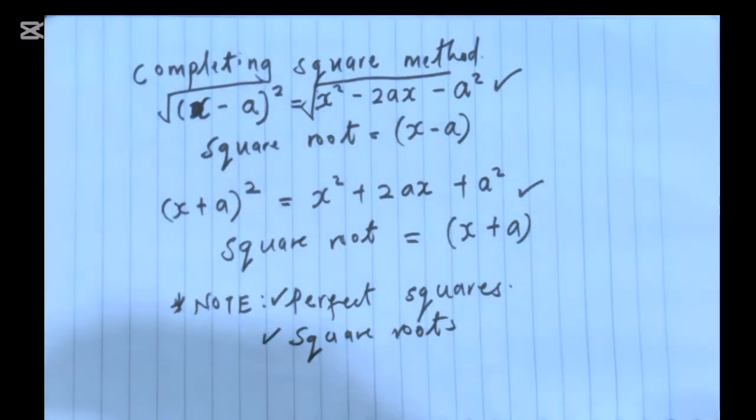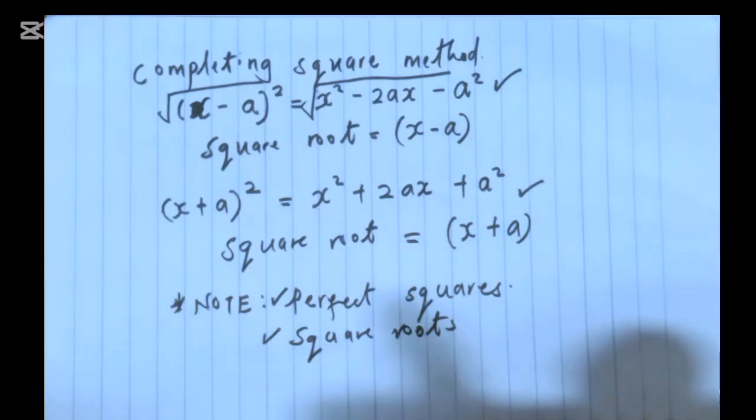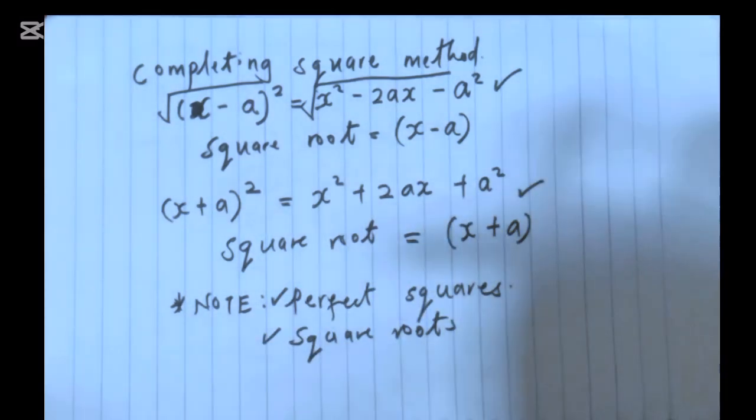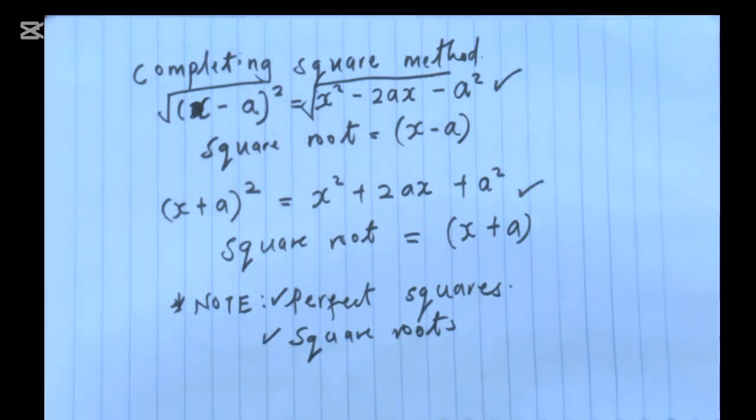And so the concept of the completing square method is basically built on this particular fact, that certain quadratic expressions do form perfect squares. And so with that concept in mind, we can always find their square roots and end up solving quadratic equations.